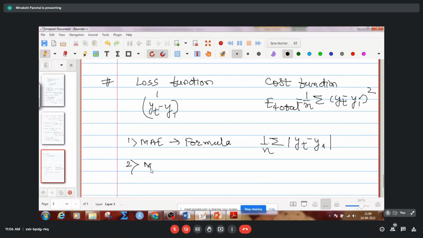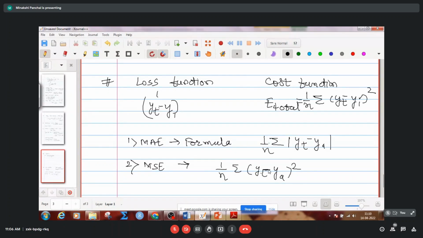After MAE, we are coming to MSE. What is the disadvantage of MAE? We cannot use it whenever we need the differentiation of the error function. So that's why we are using MSE. Again, we should write down the formula, that is 1 by n summation of (yt minus ya) whole square.